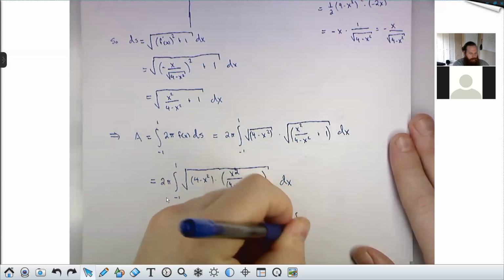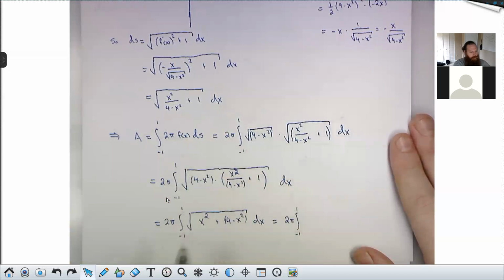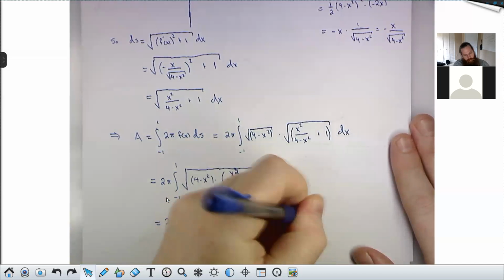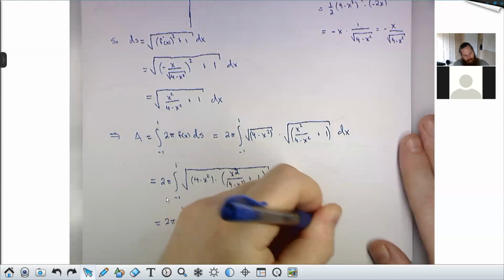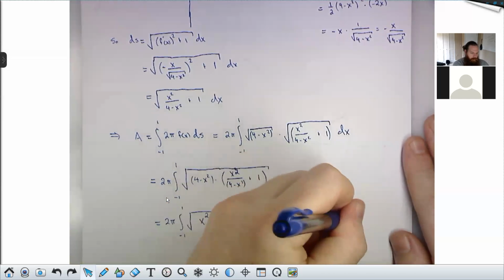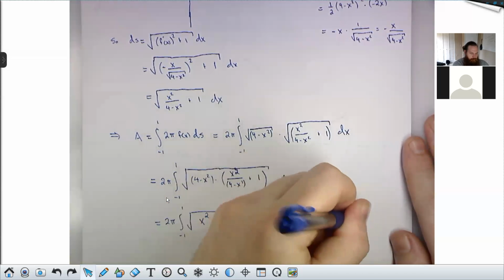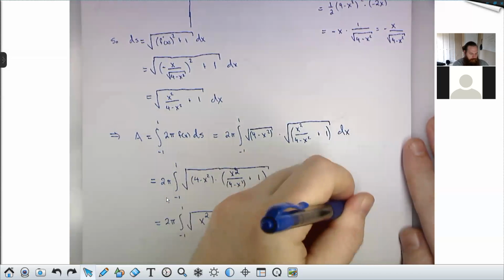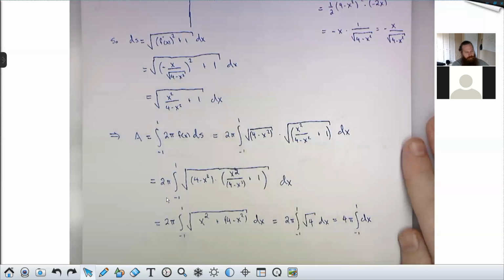This function turns out to be constant. This is 2 pi times the integral from -1 to 1 of the square root of x squared plus 4 minus x squared. That's just the square root of 4. So this is 2. I can pop the 2 out and I get 4 pi times the integral from -1 to 1 of dx.